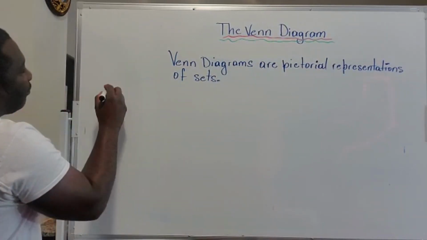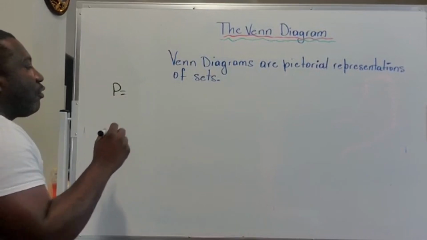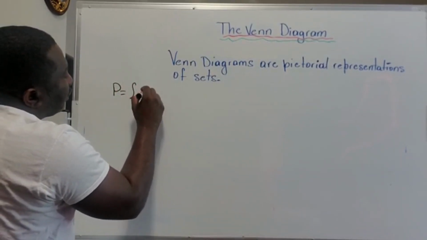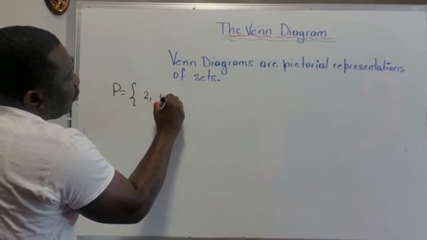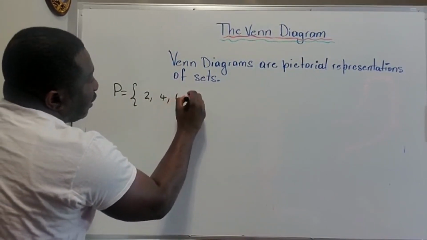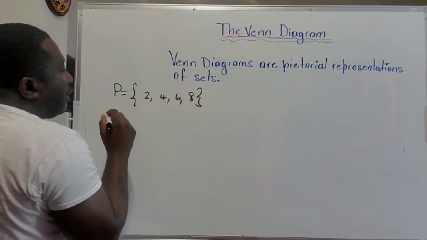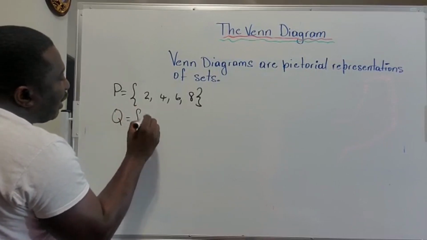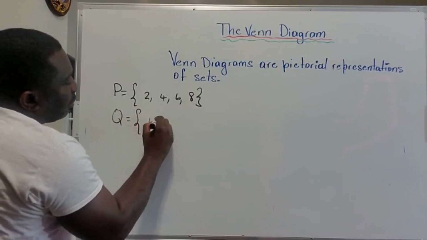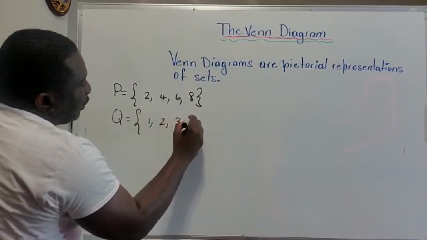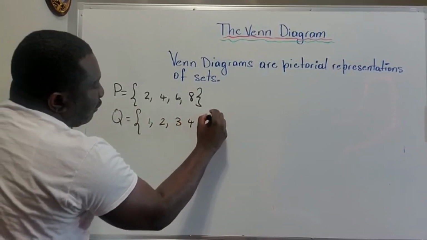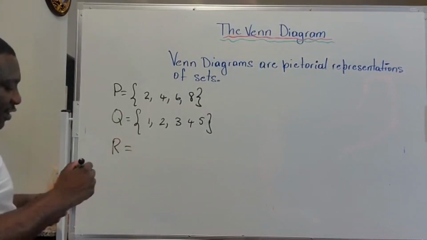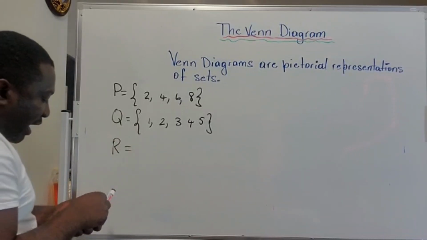So I'm using P. So say P is going to have, I'm using numbers this time, 2, 4, 6 and 8. And Q is going to have the elements 1, 2, 3, 4, 5.